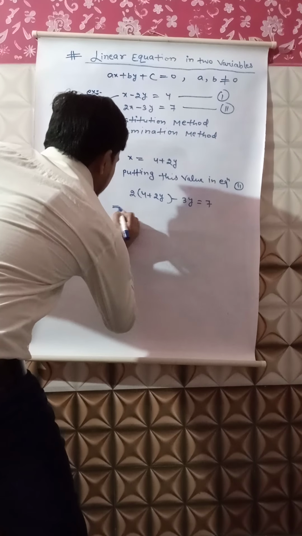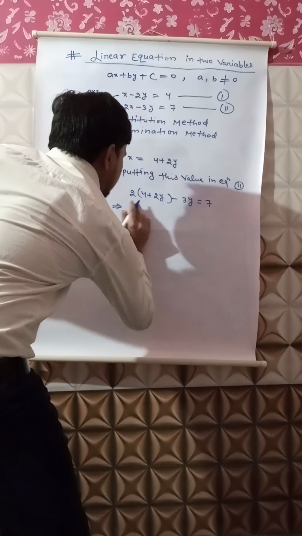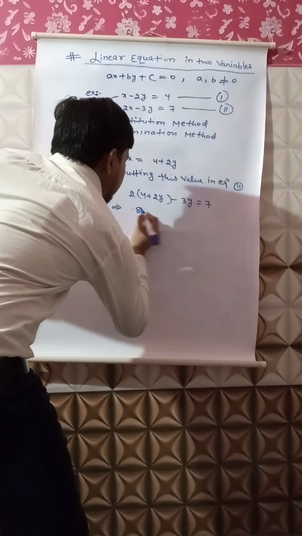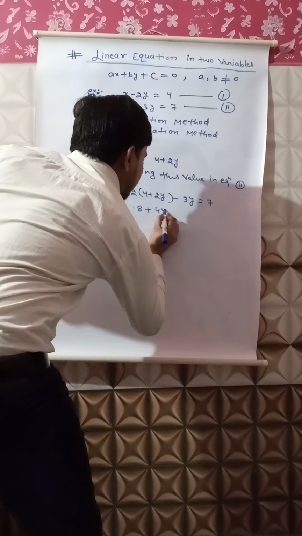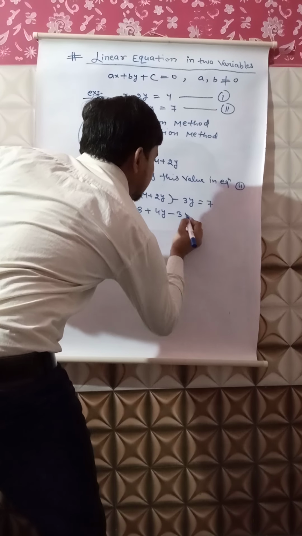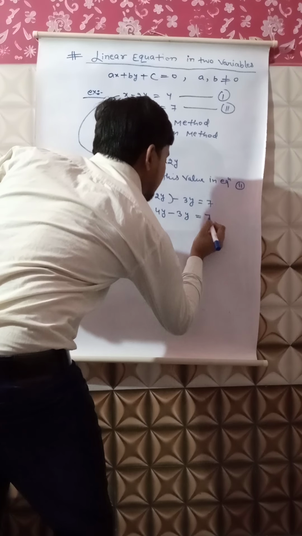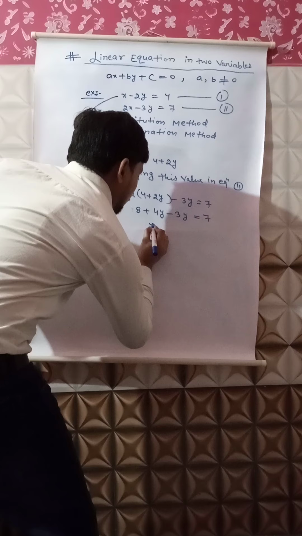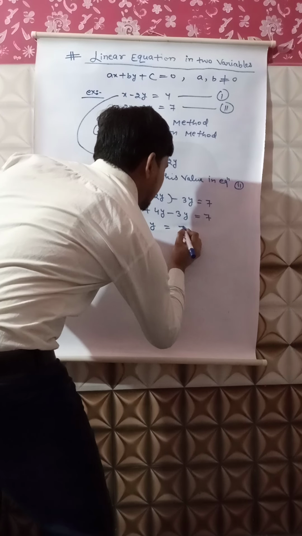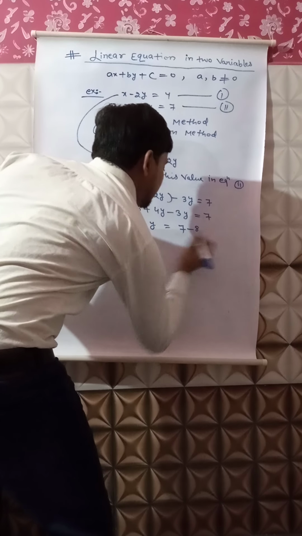So we are going to solve this equation. 2 into 4 is 8, plus 2 into 2 is 4y, minus 3y is equal to 7. 4y minus 3y is nothing but y, so y is equal to 7 minus 8.